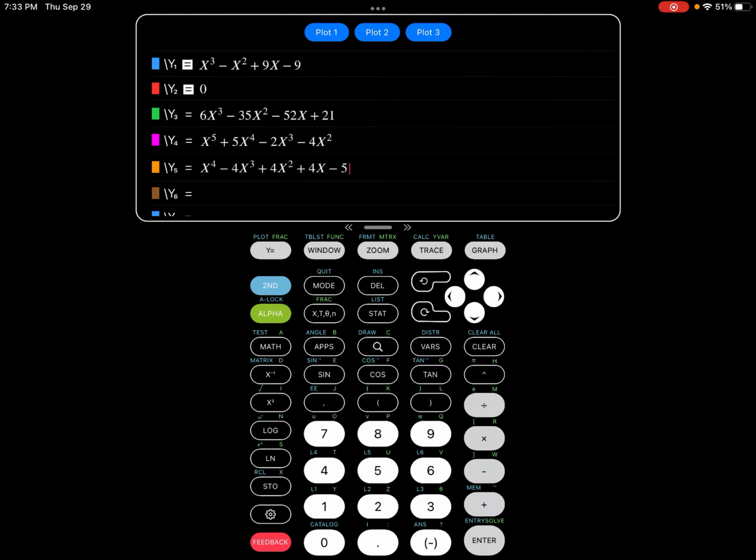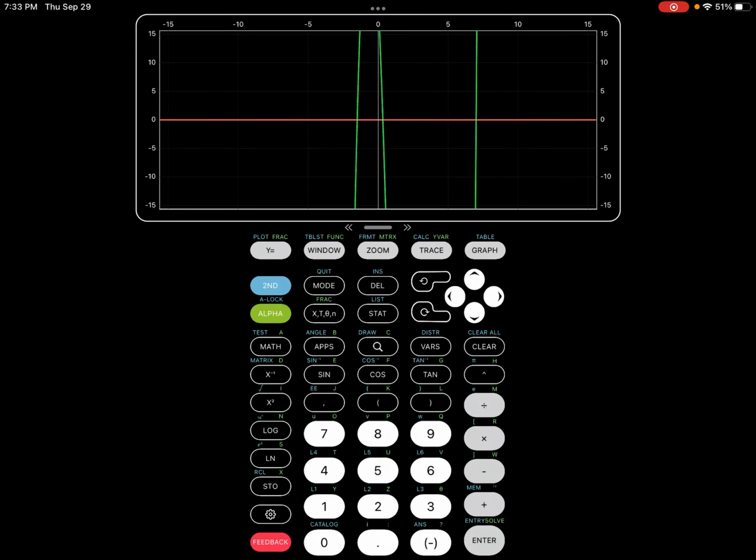So, going to the calculator, going to y equals, putting that equation in, or turning the other one off and turning this one on. Okay, so there is our equation. When we go to graph this, we see 3 solutions.